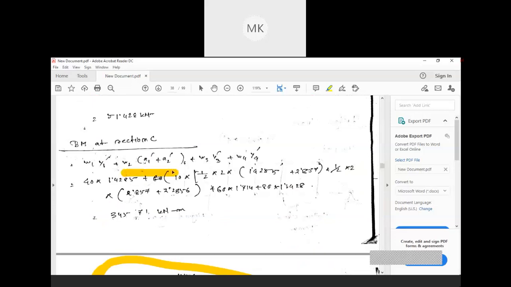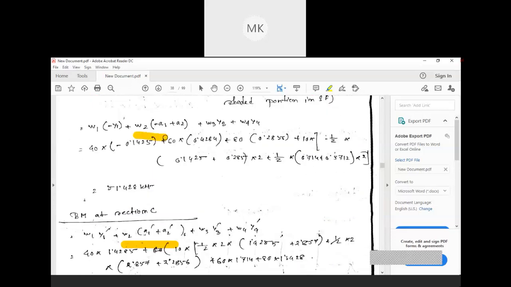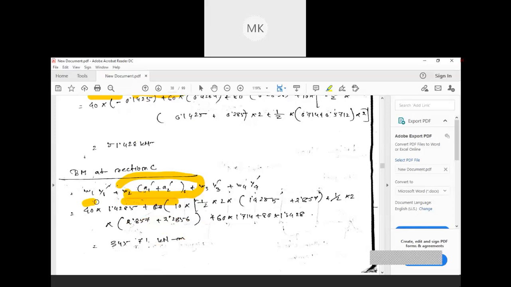See, with the W2 load here also and here also, you need to consider this area. And for the other remaining parts, you simply multiply W1 Y1, W2 Y2, and W3 Y4 like that. Okay. For bending moment also, simply multiply with the coordinate. But if there is UDL given, you need to consider the whole area where the UDL is applied. Okay. Is it clear to you?